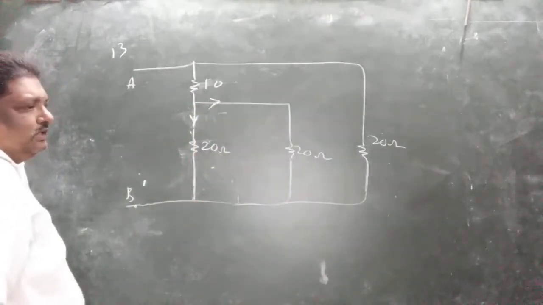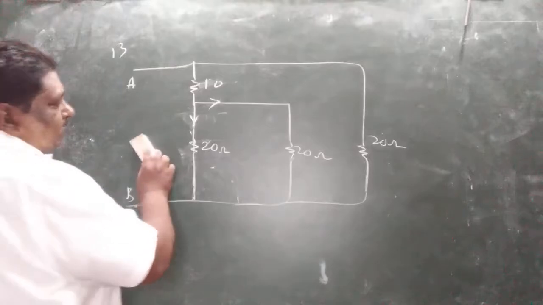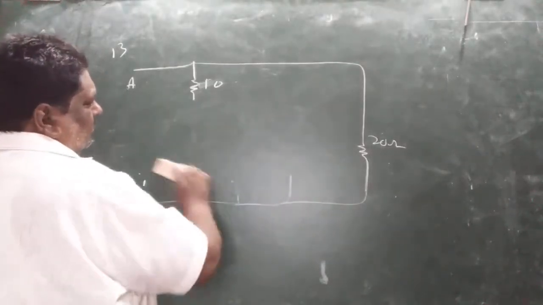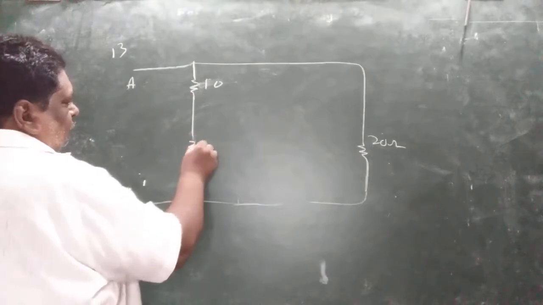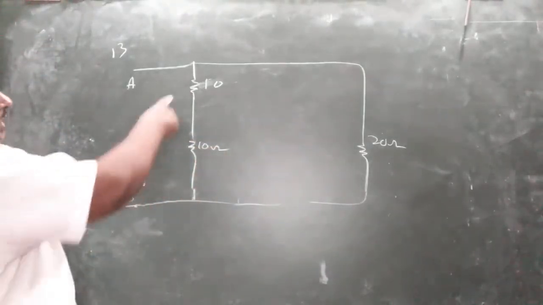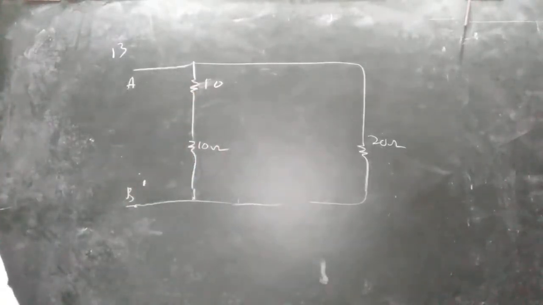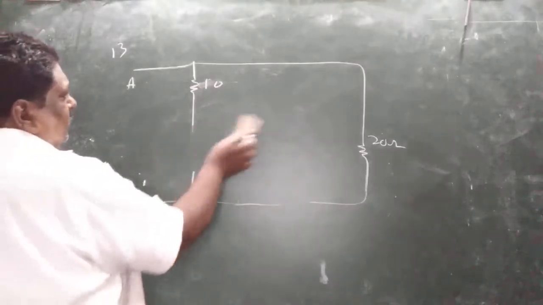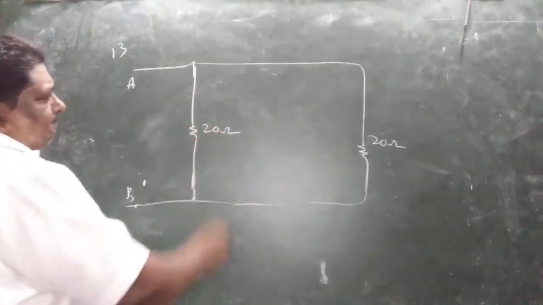The equivalent is 20 into 20 by 20 plus 20, or half of one of the values, so these two are 10 ohms. See clearly, these two are in series. 10 and 10 in series is 20, no other resistance, that's why it is written as 20.